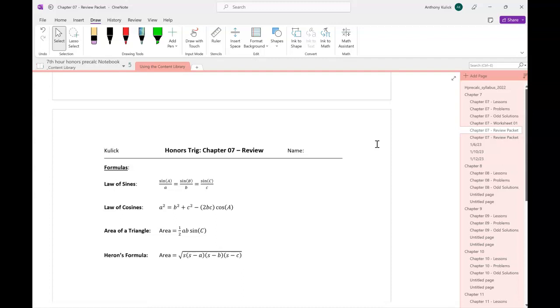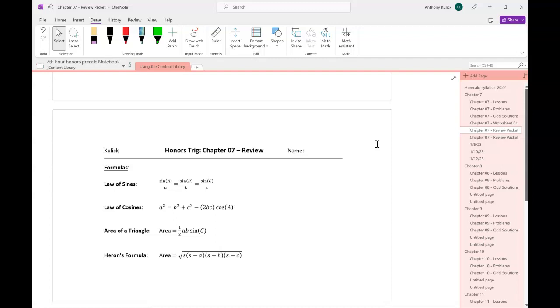Joe? So for law of cosines and the area of a triangle, if you're solving for a different variable, you can just switch them around. Like for area of a triangle, if you had the angle A, you can just do 1/2 B times C times the sine of A, right? Yeah.